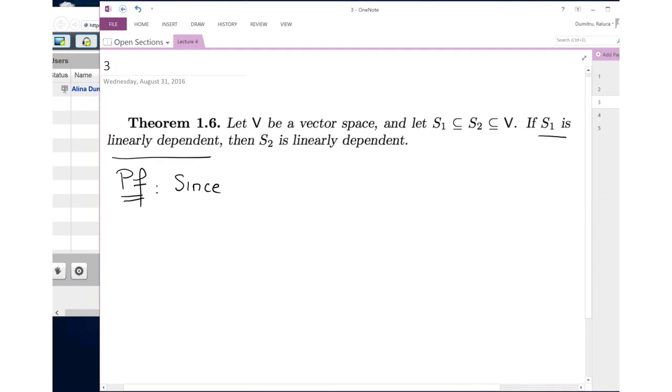The small set is linearly dependent, then there exists some linear combination of vectors in S1 that will give you the zero vector.